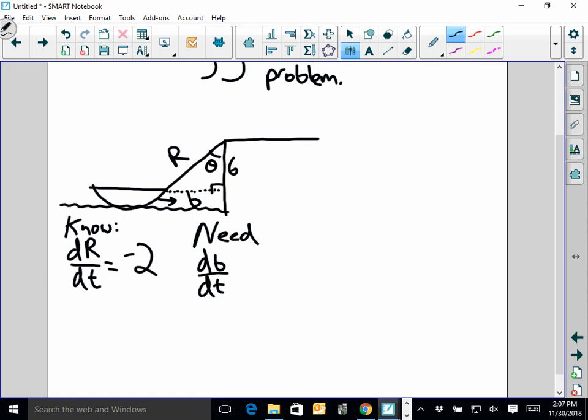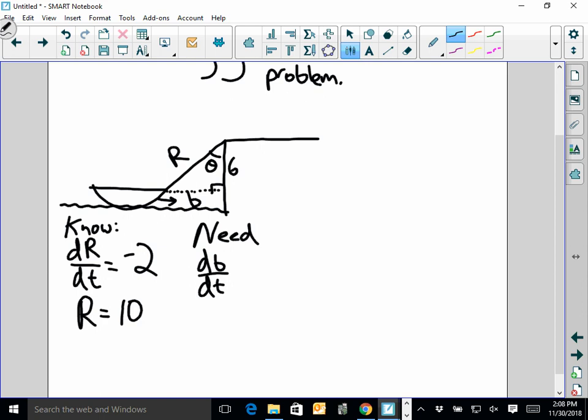But they also gave us some more information. Not only do we need to know how fast the boat is approaching the dock, but it's specifically when 10 feet of rope are out. So specifically at the time when R, capital R, equals 10, okay? So now I need the equation that relates these three sides of a right triangle.